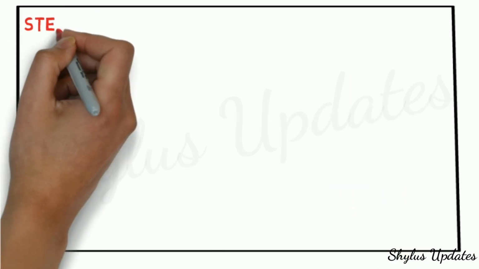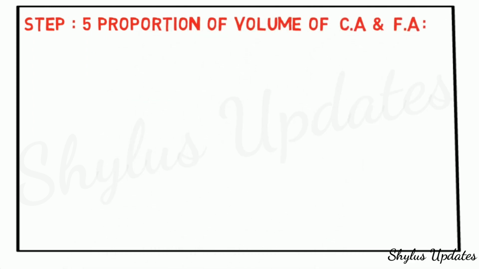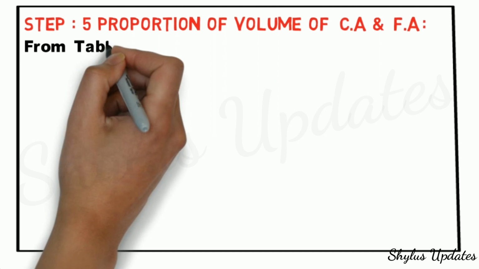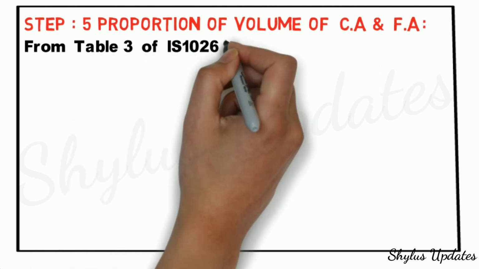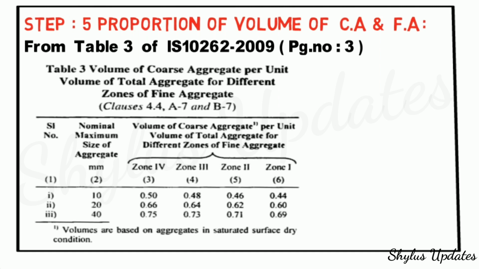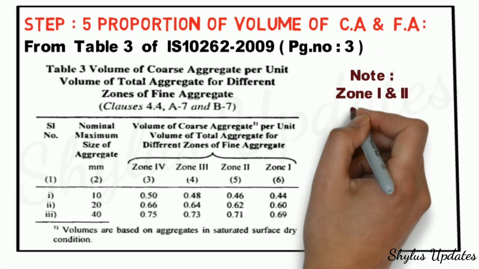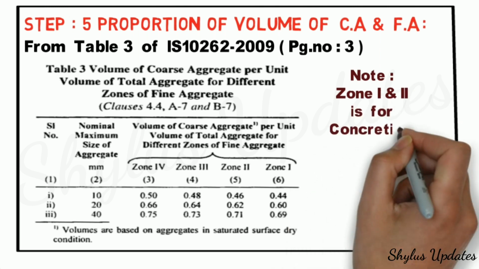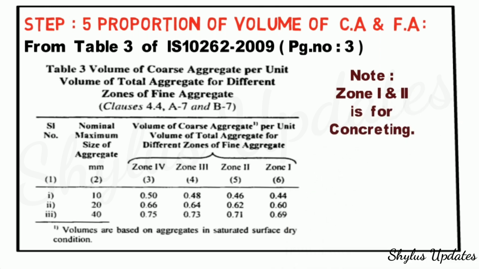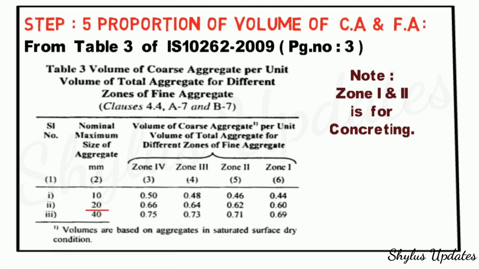Step 5. Proportion of volume of coarse aggregate and fine aggregate. For this, refer to Table number 3 of IS 10262-2009, page number 3. Here 4 zones are there: Zone 1, Zone 2, Zone 3, Zone 4. In that, Zone 1 and 2 is for concreting. We have nominal maximum size of aggregate as 20 mm.